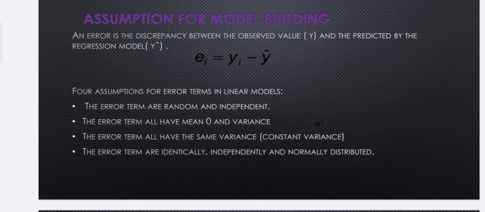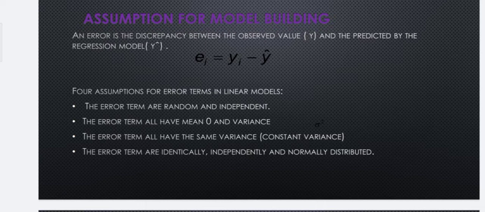So assumption of the regression analysis is based on the error ataupun residual. So kena check untuk residual yang perlu independent and so on. Satu. So first of all, you kena tahu dulu how to find the residual ataupun error of the regression data.